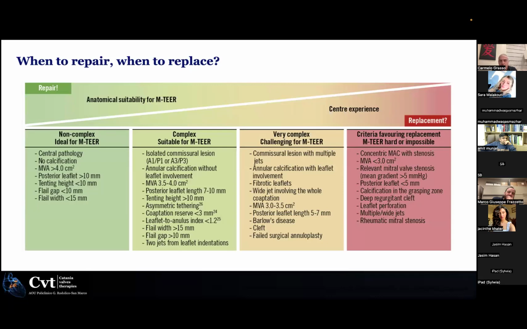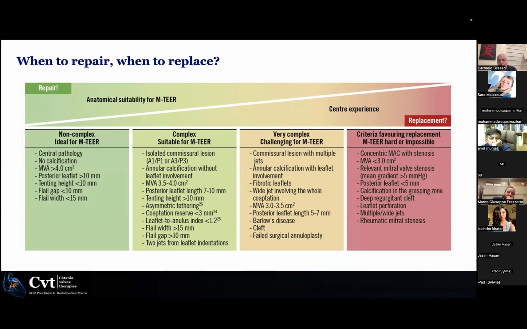Since the beginning, we understood that small valve area, very diseased or rheumatic valves were not ideal for treatment with edge-to-edge transcatheter repair. And here you have a summary of mitral valve characteristics that says that a valve is non-complex and ideal for TEER, or it is a very complex valve that is ideal if it is treated in a very high volume center, but of course it is not a startup case to deal with.